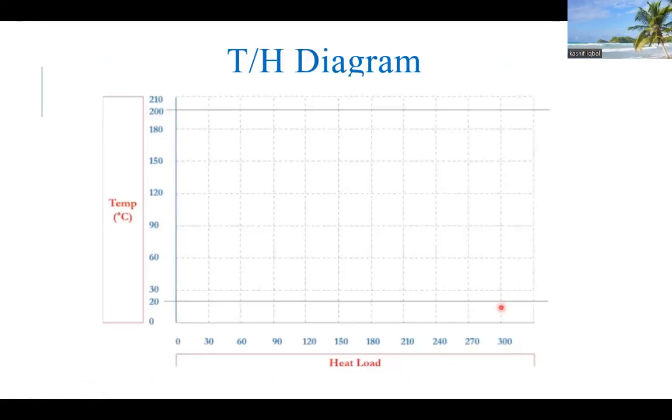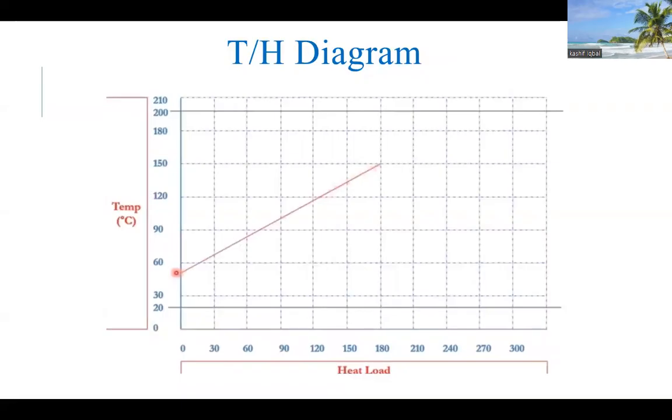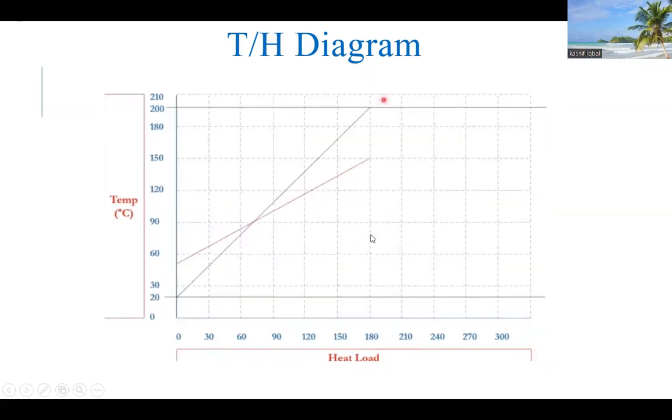So in the enthalpy temperature diagram, we need a graph where we draw the lines according to their temperature. For example, the hot stream was from 50 to 180 degrees centigrade, and the cold stream would be from 20 to 180 degrees centigrade.